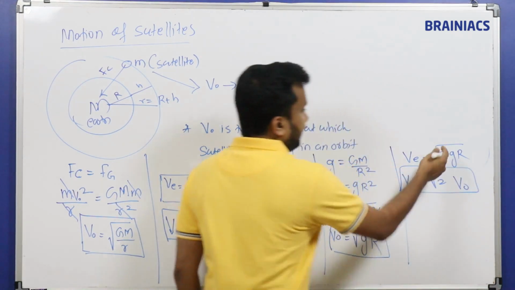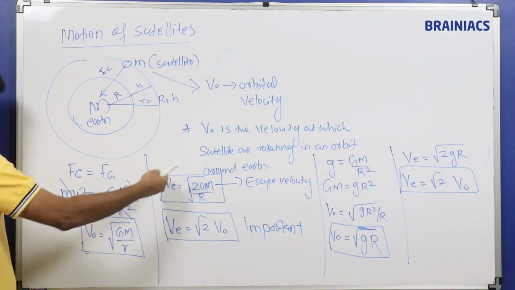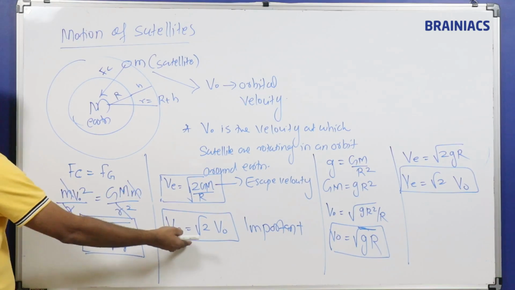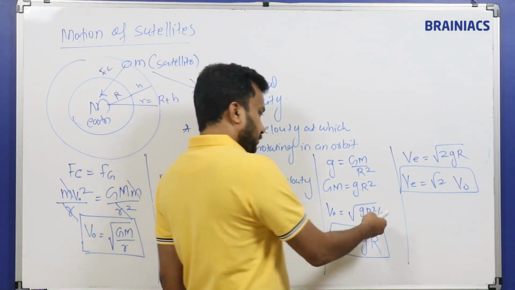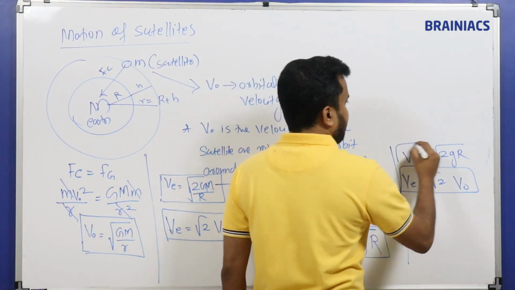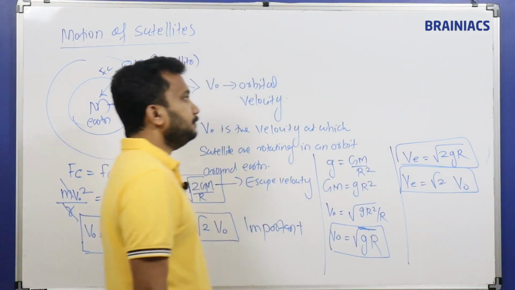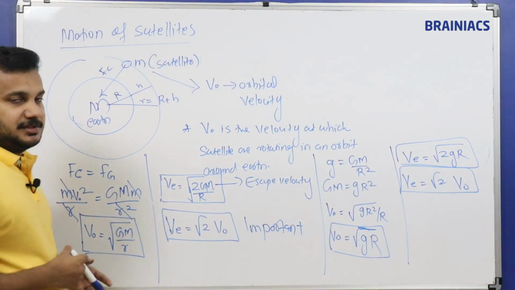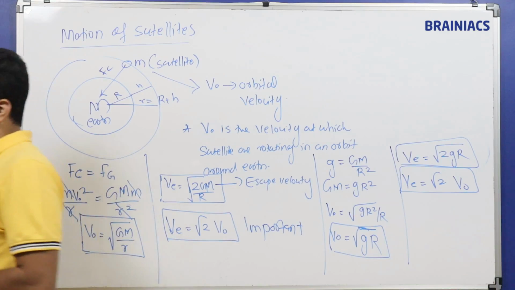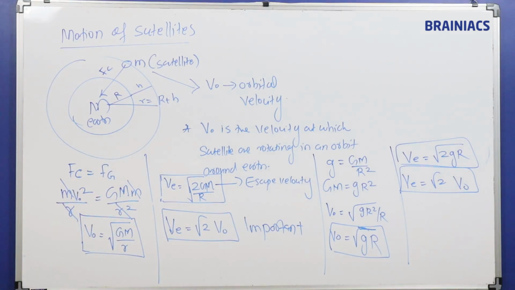We can write in terms of these two equations also. So orbital velocity is the velocity at which the satellites are rotating around Earth, in a very simple way.